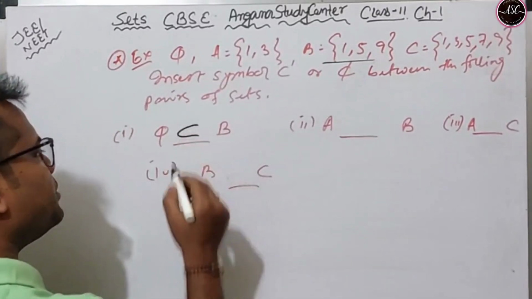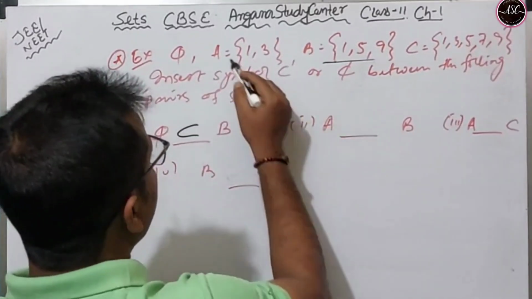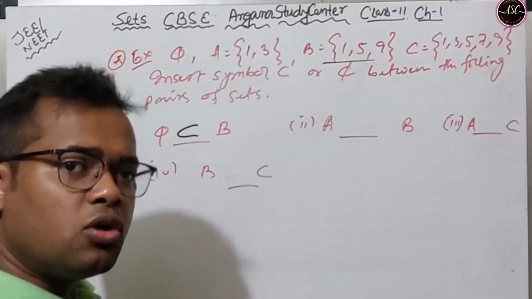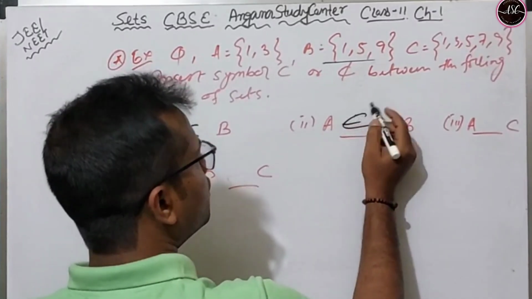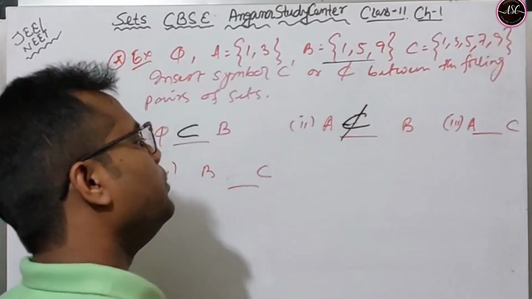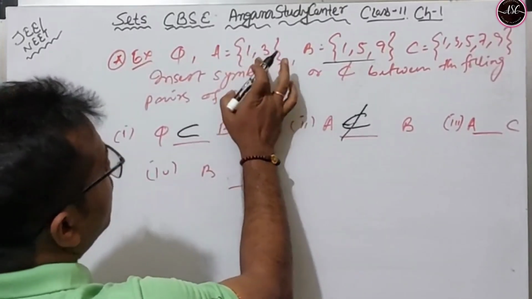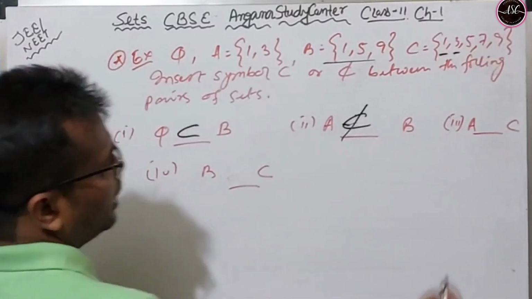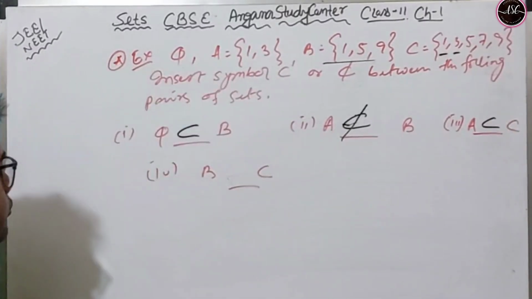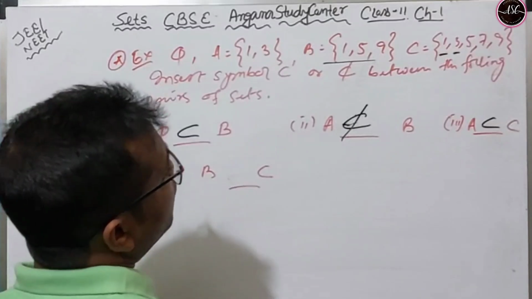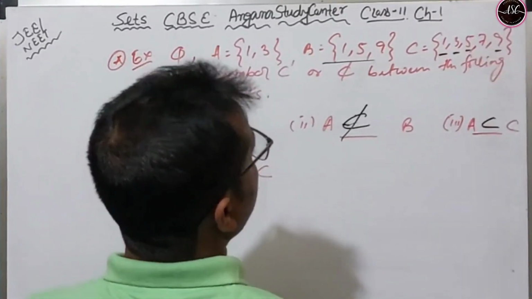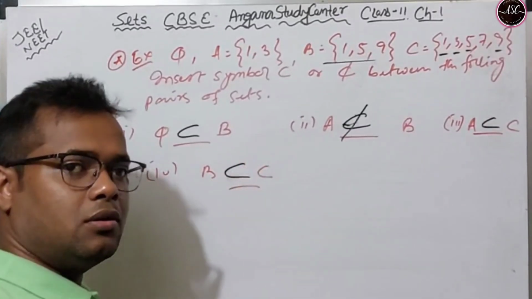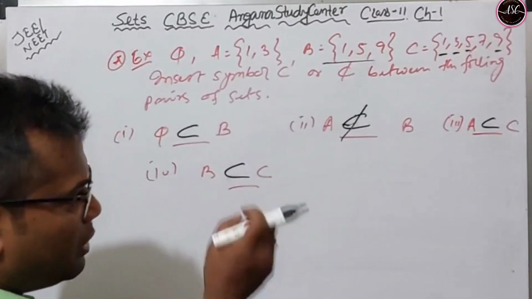Then phi subset B. Then look at A and B: 1 and 3 are not present in B. So A not subset B. Then look at A and C: 1, 3 are present in C. Then A subset C. Then look at B and C: 1, 5, 9 are present in C. Then B subset C. This type of question may be solved in this way.